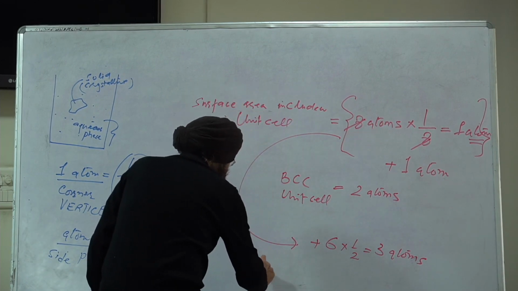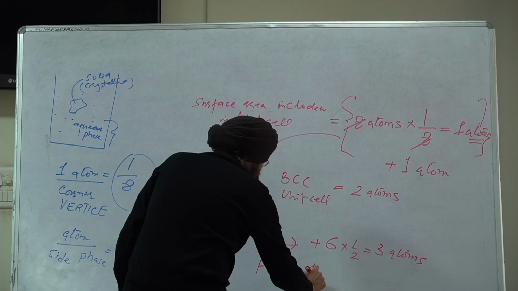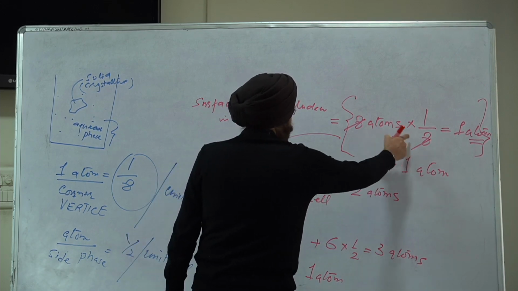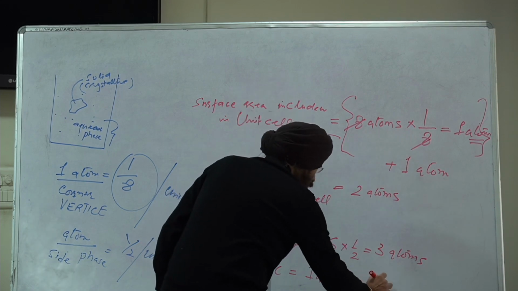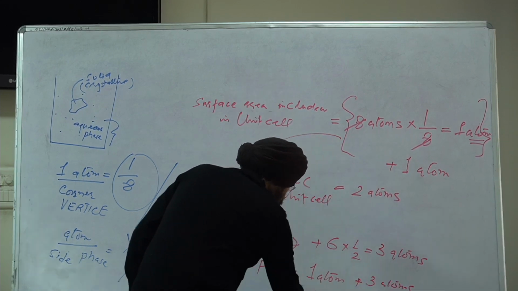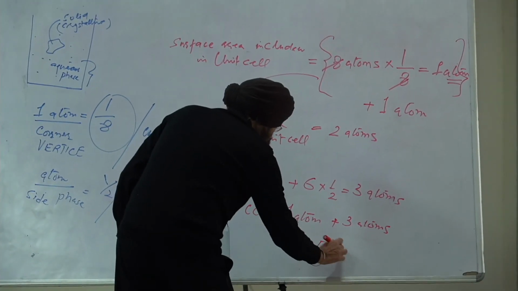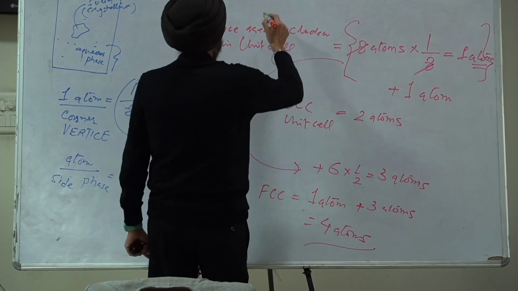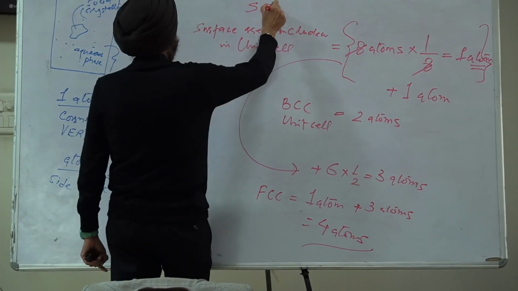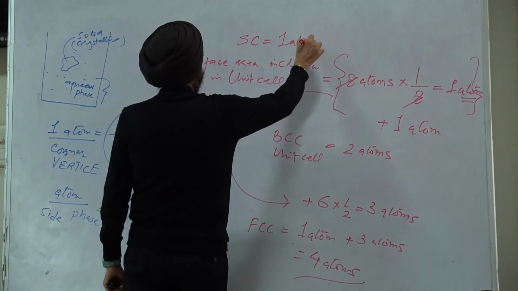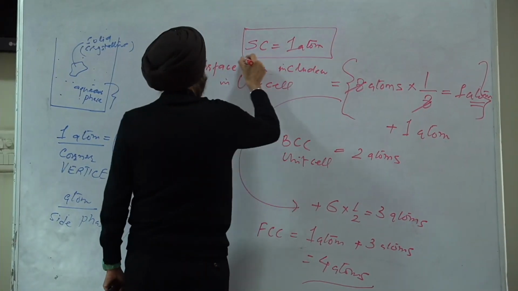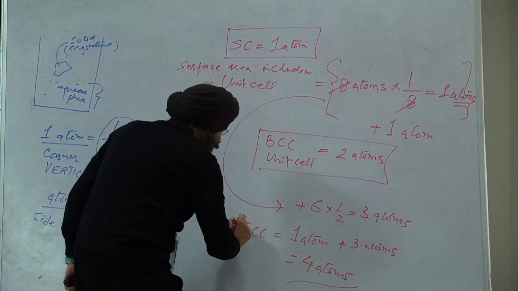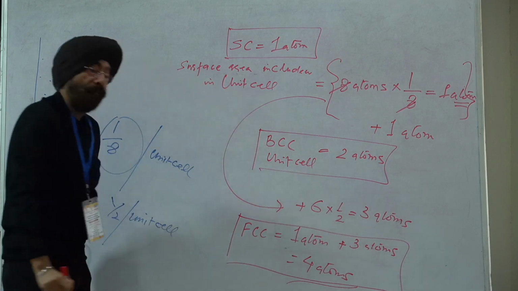So therefore, for face-centered cubic, 1 atom from here, from 4 atoms, 1/8 part, plus 3 atoms, total is 4 atoms. So 1 atom for the simple cube, 2 atoms for the body-centered cube, and 4 atoms for the face-centered cube.